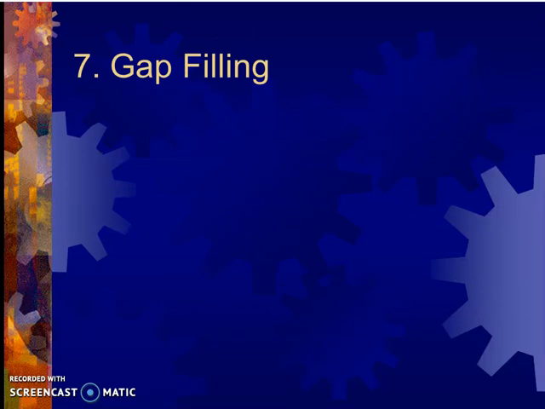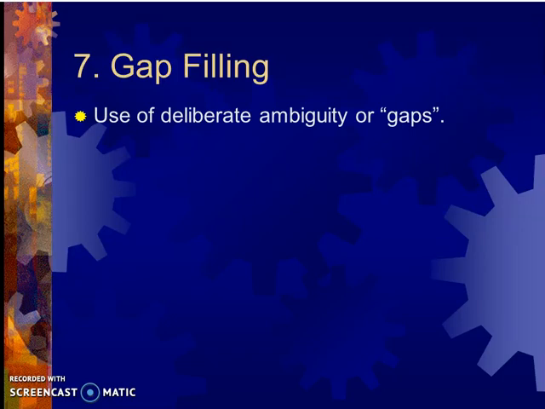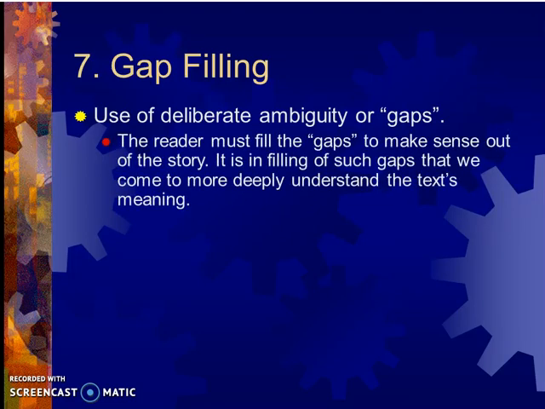Another narrative technique of analyzing a narrative is gap filling. Gap filling is the use of deliberate ambiguity or gaps in telling the story. And the reader, in order to make sense out of a story, has to fill the gaps.